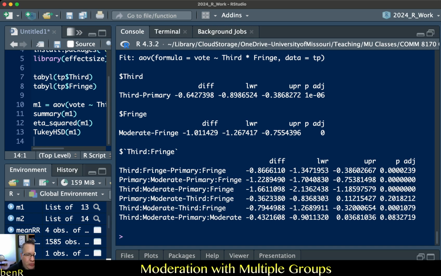And then the third party moderate versus the primary moderate, it's like, well, okay, if we're all going to be moderate or challenging from the center, does it matter if it's a third party challenger or a same party challenger in a primary? And it looks like there's a little bit of a benefit to being a same party challenger in a primary, but the p-value is just 0.08, so it's not a statistically significant benefit.